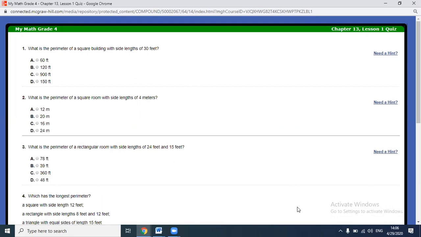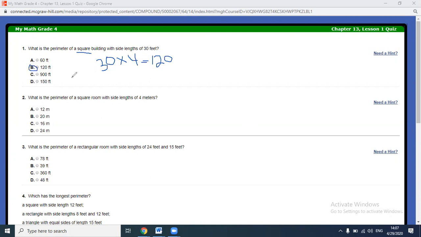I have a square building and I need to find its perimeter. It's a square, right? The perimeter is the side length times 4. The side length is given as 30. So 30 times 4 equals 120. Easy, the answer is B.